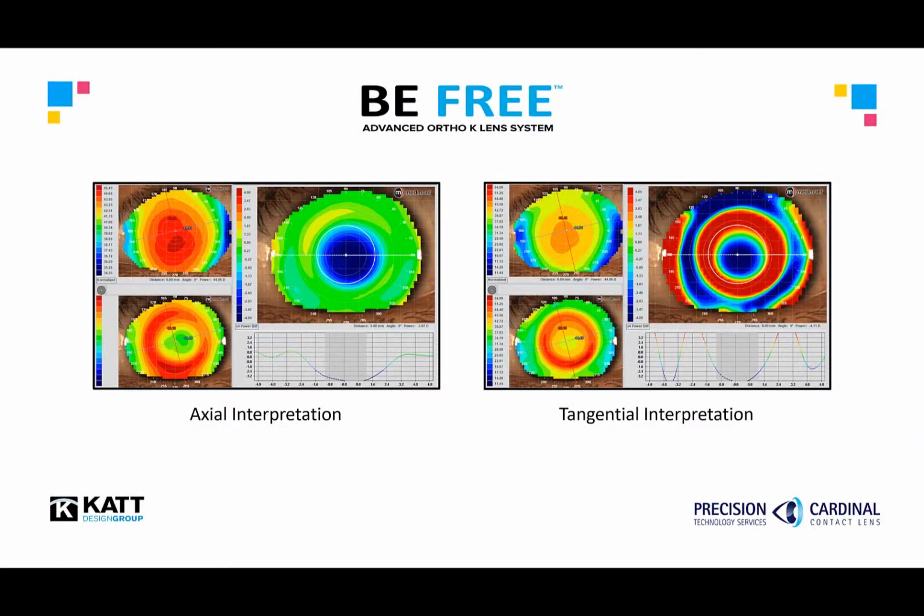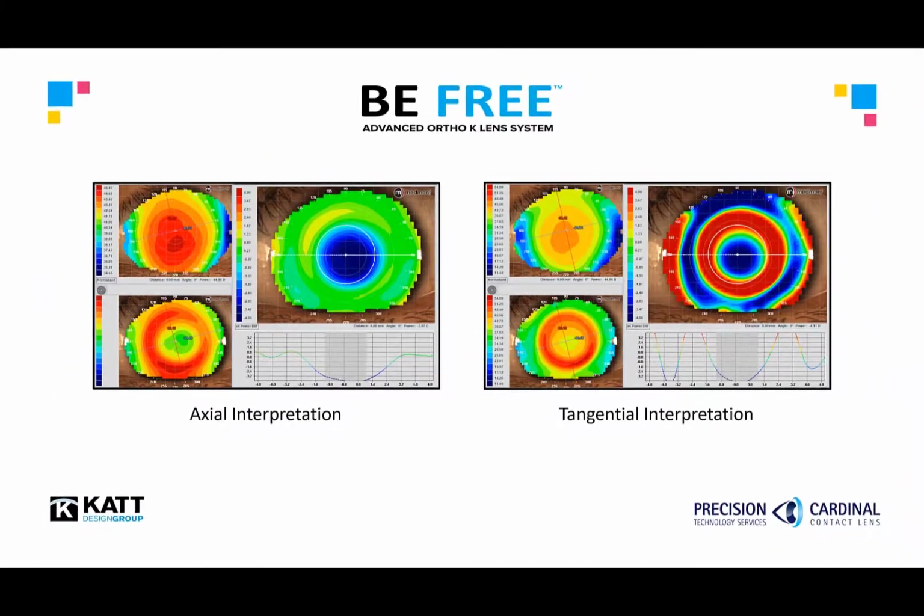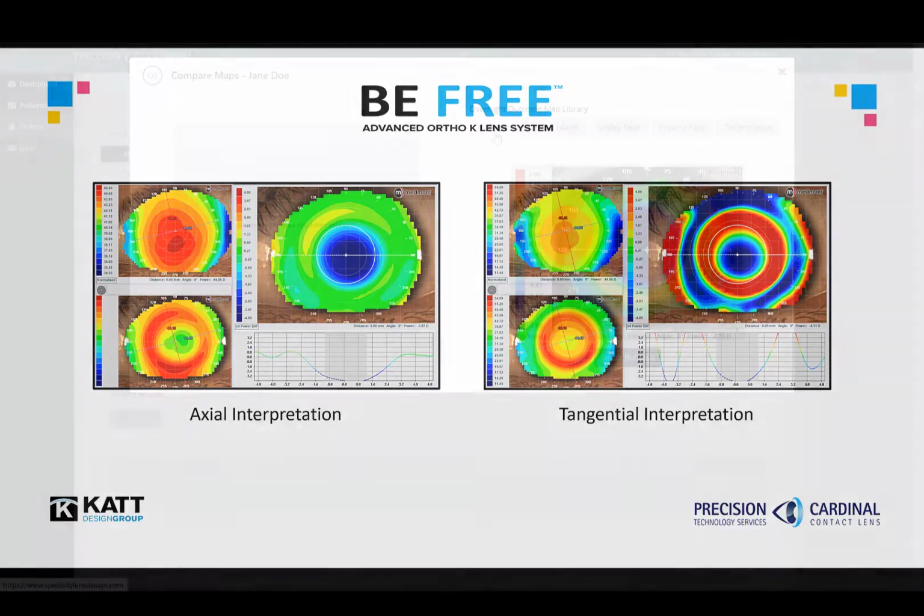Here are the post-treatment subtraction maps for our patient in axial and tangential interpretation. Let's go back to the BE FREE software and find the topography that most closely approximates or matches these topographies.